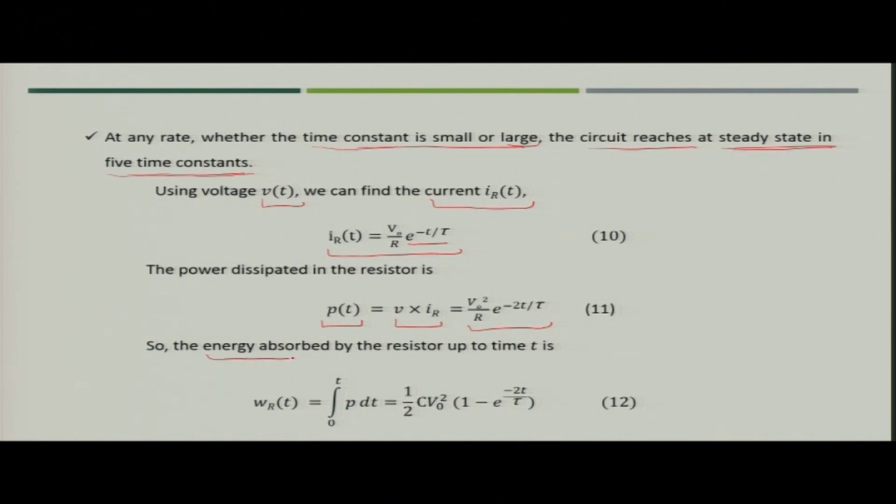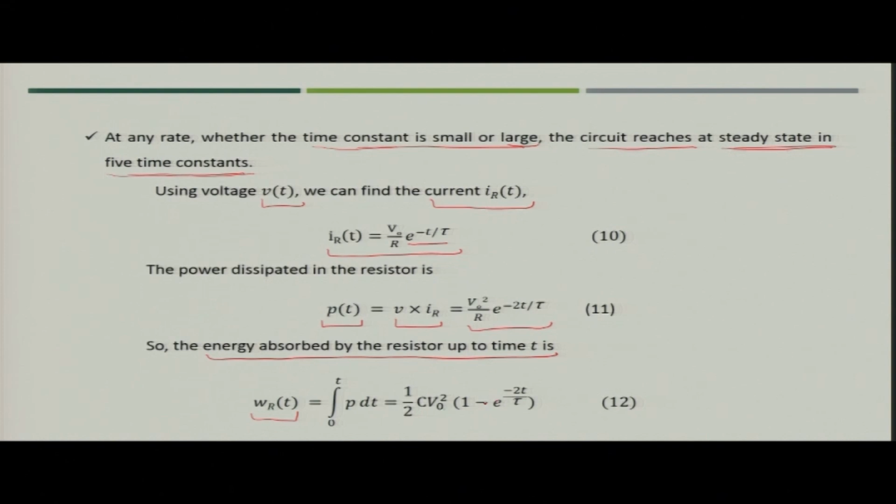Now, the energy absorbed by the resistor up to a particular time t can be given as the integral of p dt between 0 and t. If you integrate this, what will you get? You will get 1 by 2 C V naught squared times 1 minus e to the power minus 2t by tau.